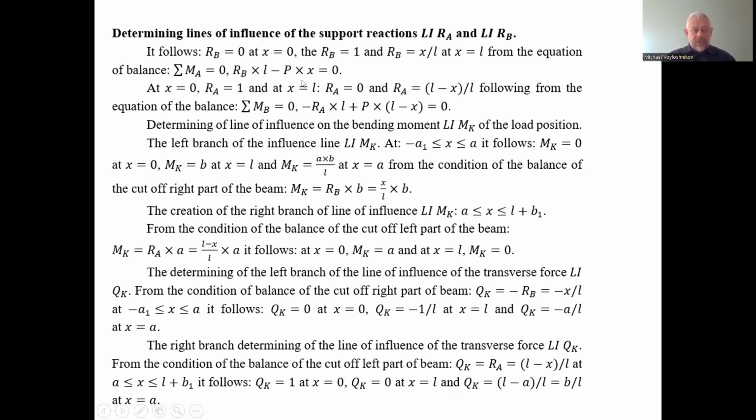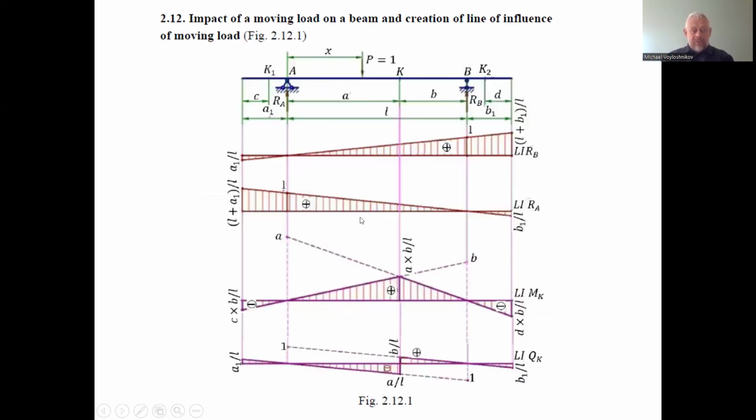Considering this balance equation, we remember that P is equal to 1, so we can exclude it: 1 product 1 by x is equal to x, so RB is equal to x divided by L. And at the second point, when x equals 0, the reaction RB equals 0. So we have the line of influence of the location of the unit force on the support reaction in support B.